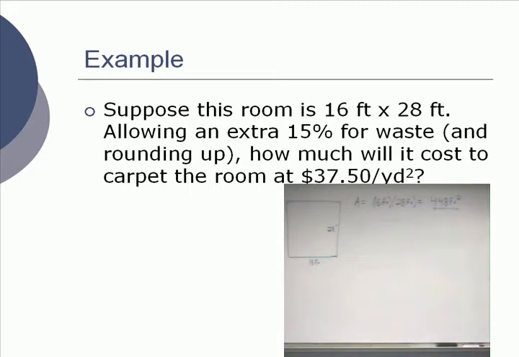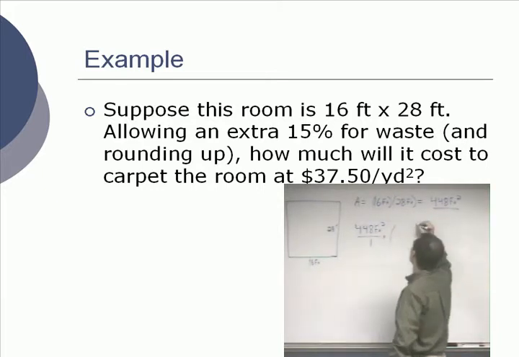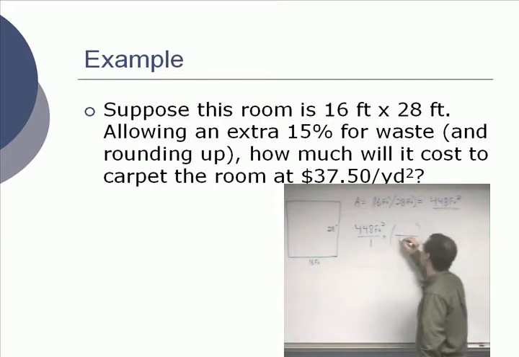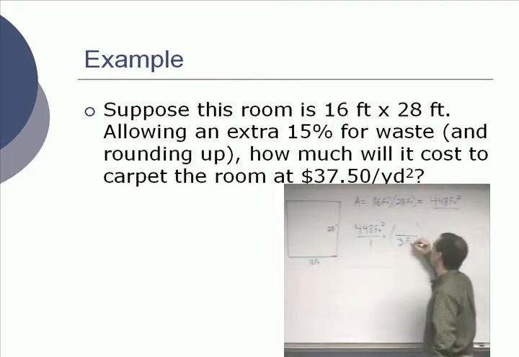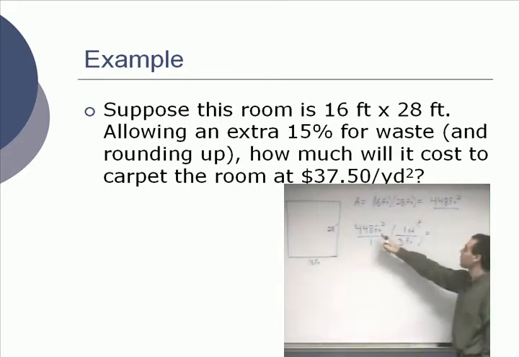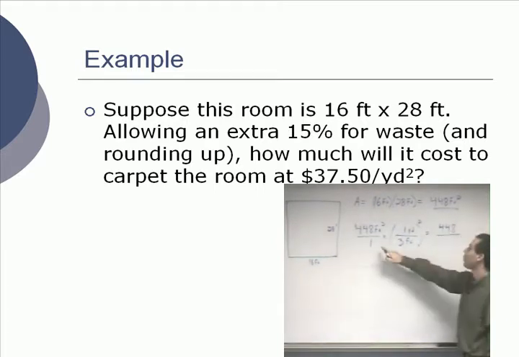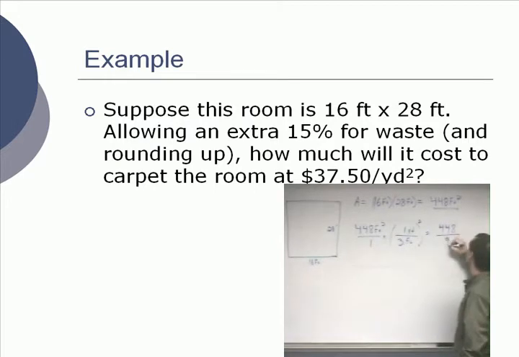let's do the conversion. 448 square feet. We can use 3 feet per yard, but we need to square that conversion since the units are squared. If we do that, we get 448 times 1 times 1, or 448, over 1 times 3, which is 9.